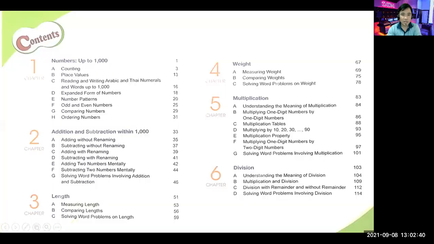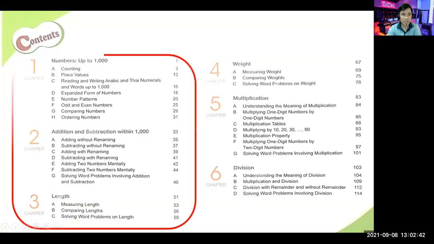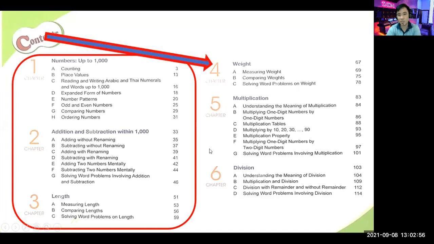We are done already in chapter 1 and chapter 2, and previous days we discussed chapter 3, which is about measuring length, comparing length, and solving word problems on length. This time we are in chapter 4, which is about weight, and we will learn measuring weight. By next meeting we will learn how to compare weights.